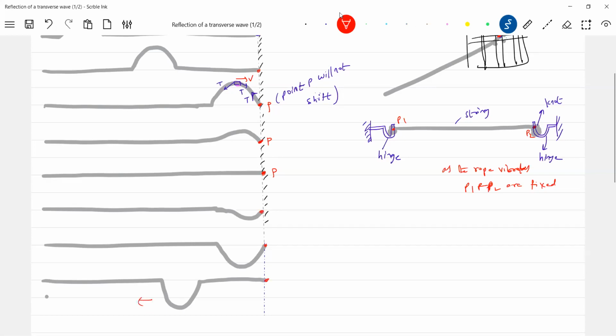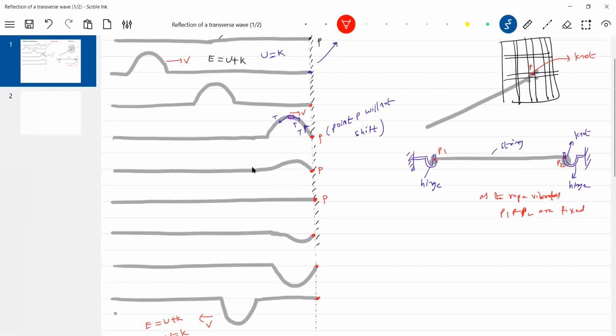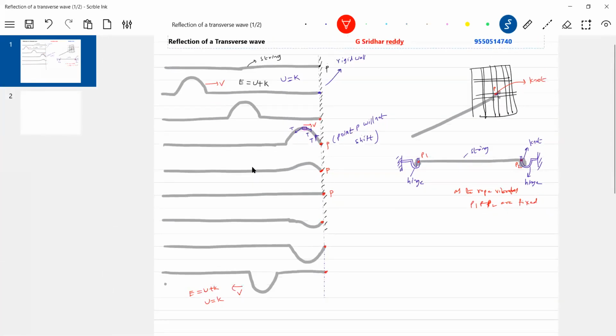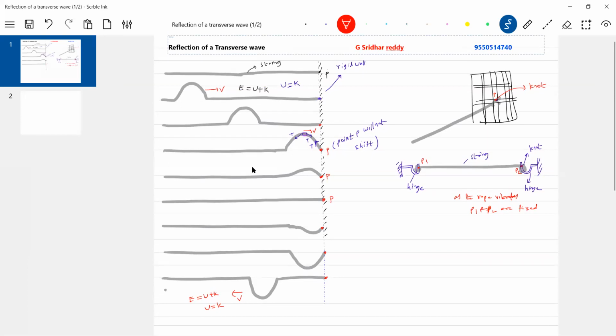And finally, what is the energy of the wave? U plus K, U equal to K. Okay, agree. This is what happens for the wave when a wave approaches a rigid wall, it will get reflected.